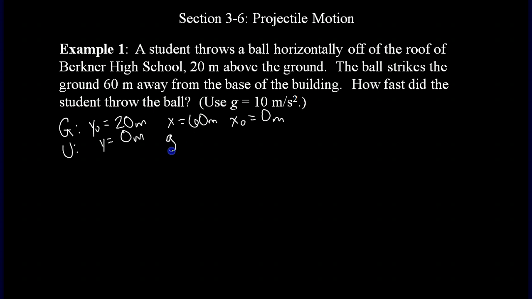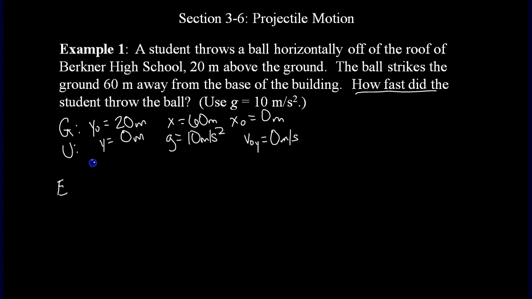All right, so then what are some things that we are going to need to know? We have to assume g is equal to 10 meters per second squared. And we need to assume that the initial vertical velocity of the ball is 0 meters per second, that it's not moving in that vertical direction initially. All right, so we're going to look at how fast did it go.